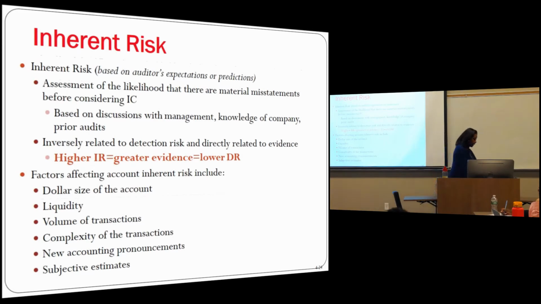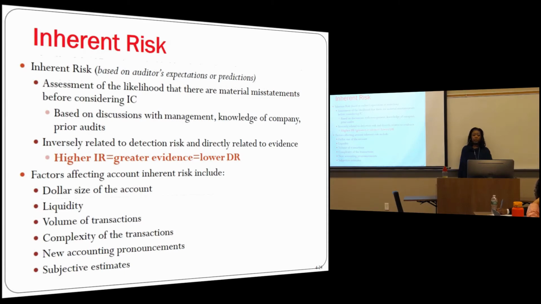So the higher the auditor assesses inherent risk, that means they perceive a greater risk of material misstatement. The lower the risk that they're willing to take that their audit procedures will not detect that material misstatement.